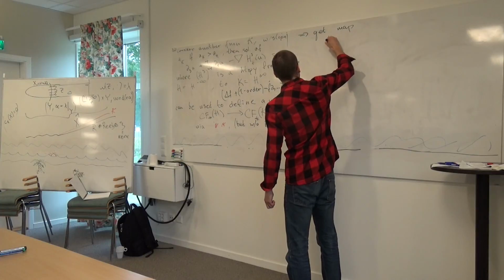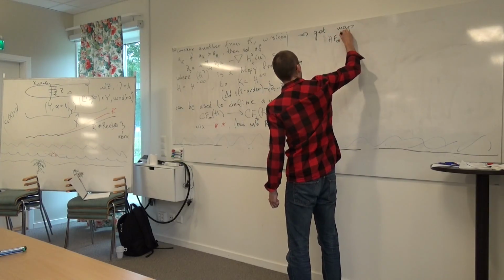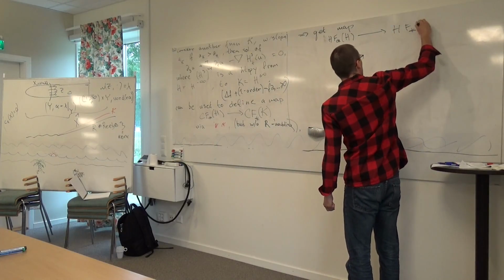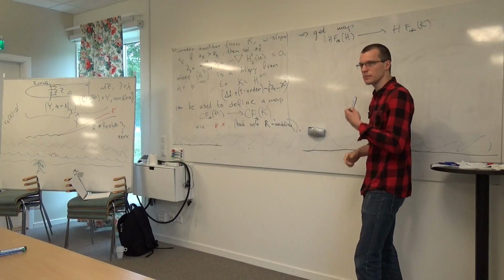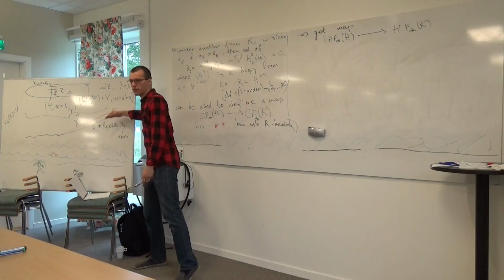And so we get this induced map, which is independent of choice as long as we choose the correct guess. Okay.